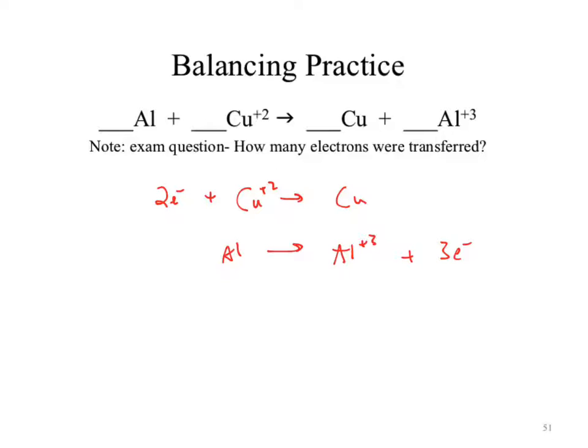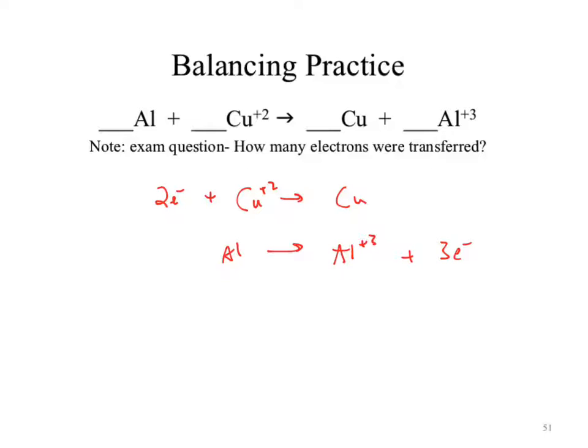In the previous case, we tried to make 2 electrons equal to 1, or rather 1 electron equal to 2. How did we do that? Multiplied by 2. Can I make 2 electrons equal to 3? Can I make 3 electrons equal to 2? No. So I can't just look at one equation. I have to look at both equations.